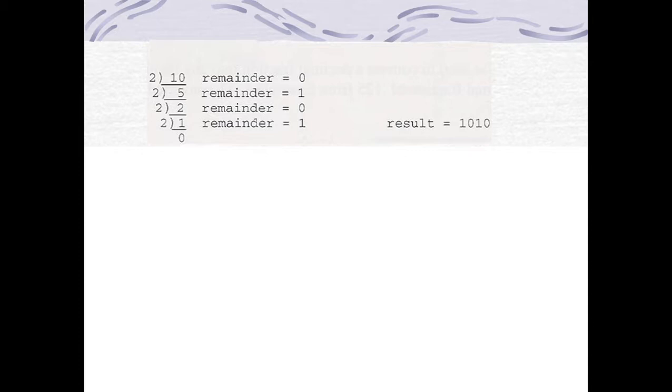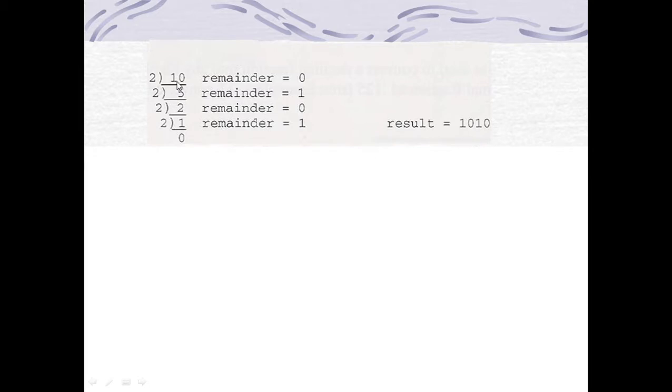So we have to divide the decimal integer by 2. 10 is an integer, and we assume that there is no decimal point. If there were a decimal point, we would first convert the integer part by dividing by the base 2, and then convert the fraction part separately, and we will see an example of the fraction part conversion. In this example we are going to convert 10 in decimal to binary.